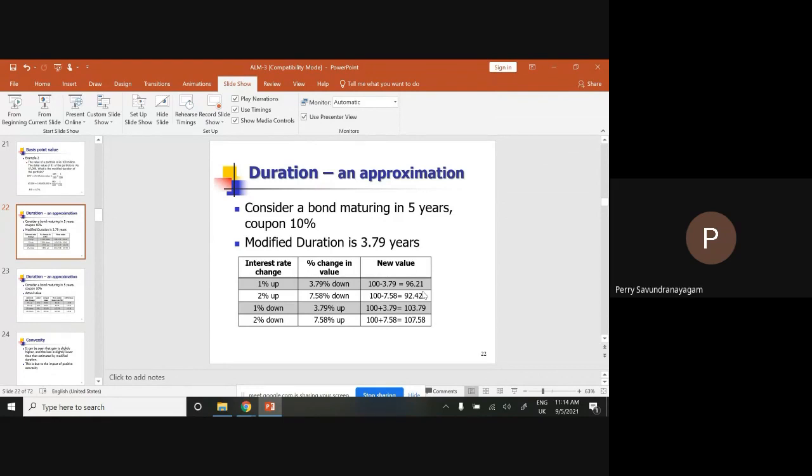Correct? So when I increase duration like this, what do I have to look at? Not only the tenor and the yields, what is the other thing I have to look at? If I buy a bond for 30 years and put it on my book to increase duration, what is the other matter I have to look at?